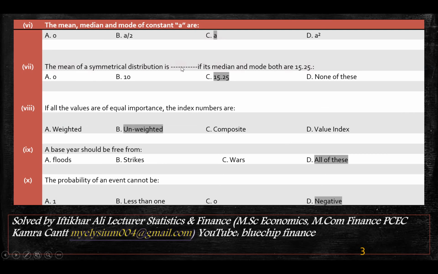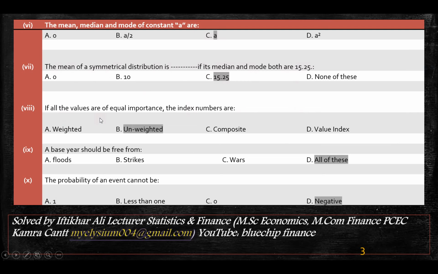In a symmetrical distribution mean, median and mode all are equal. So if median and mode are 15.25, then obviously mean will also be 15.25.